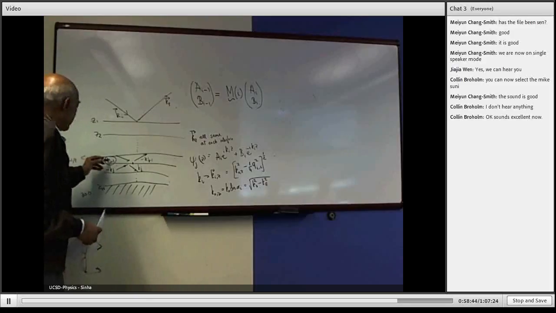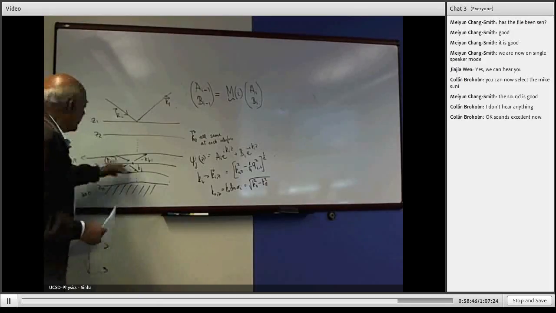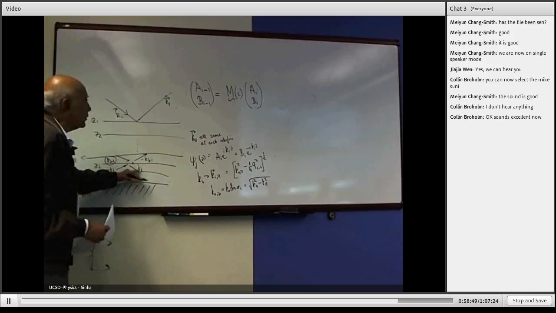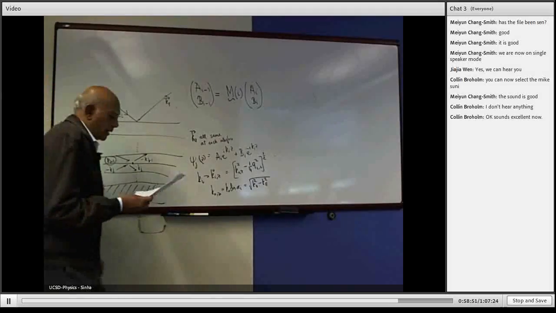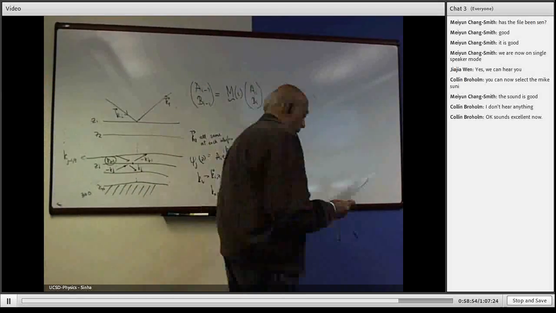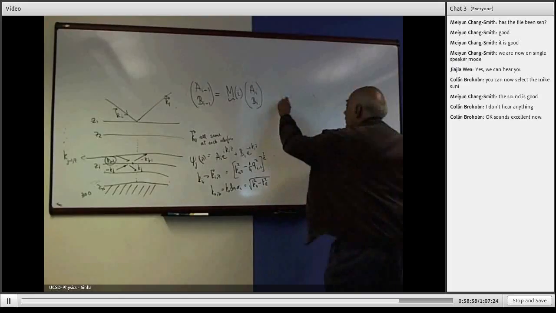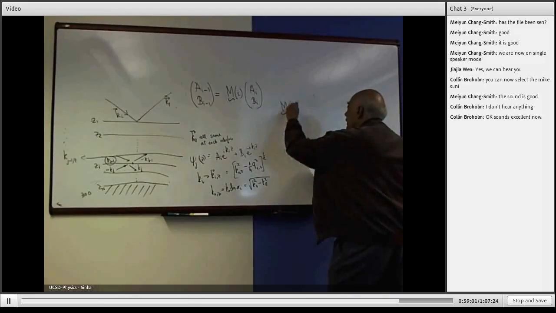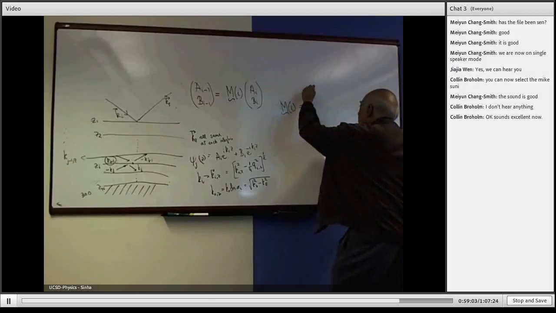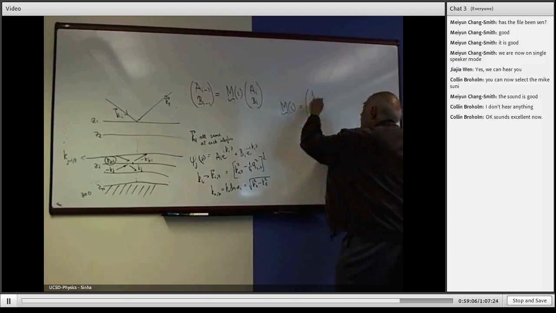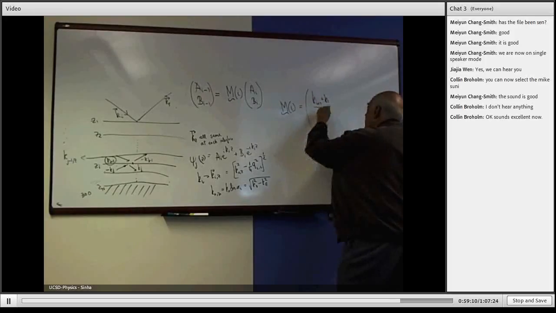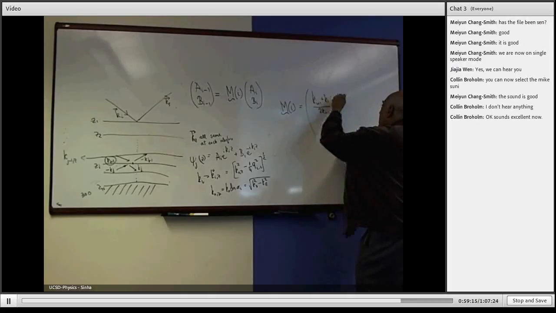So I can write the coefficients of the i minus 1th layer in terms of the ith ones through this matrix, and matching the boundary conditions, a little algebra tells you that this matrix is written in the following way. It's a 2 by 2 matrix, and it can be written as ki minus 1 plus ki over 2 ki minus 1 times e to the minus i ki minus 1 minus ki times zi.